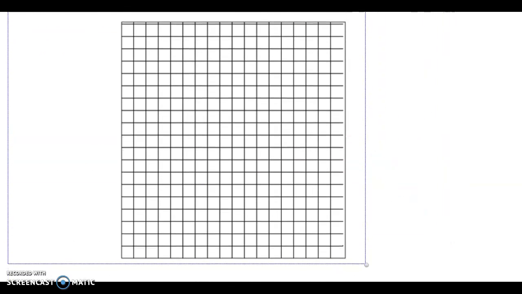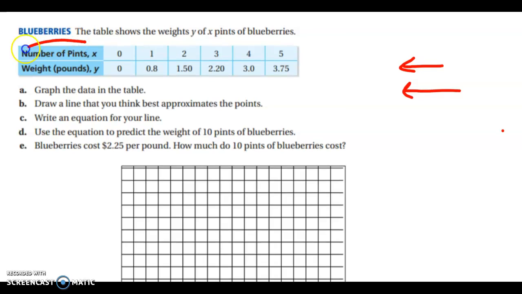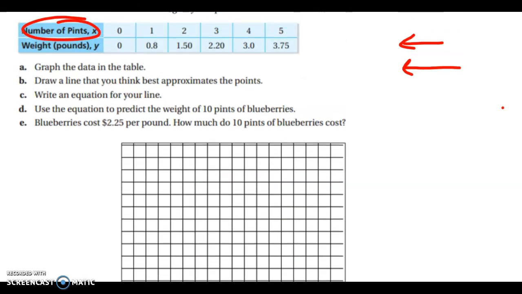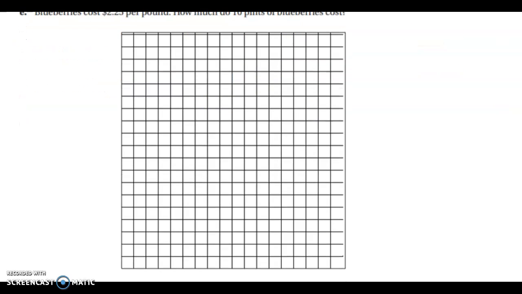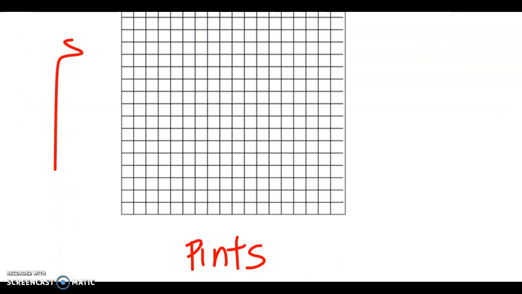So we're going to go ahead and start labeling. My x value, it tells me, is my number of pints. So I'm going to write that on the bottom. My y value tells me it is the weight. So I'm going to write that along the side. Oh, my computer, I don't know why it does that. That's a funky looking line.